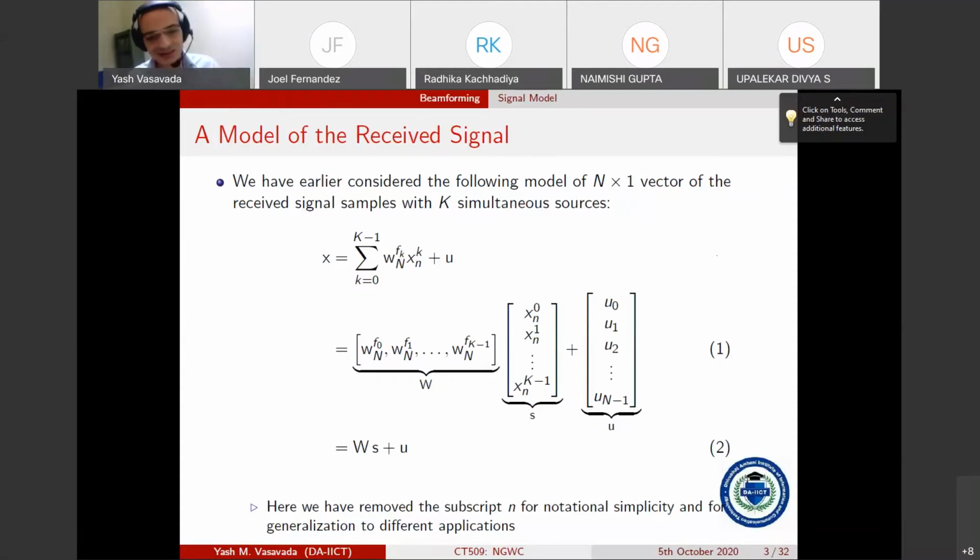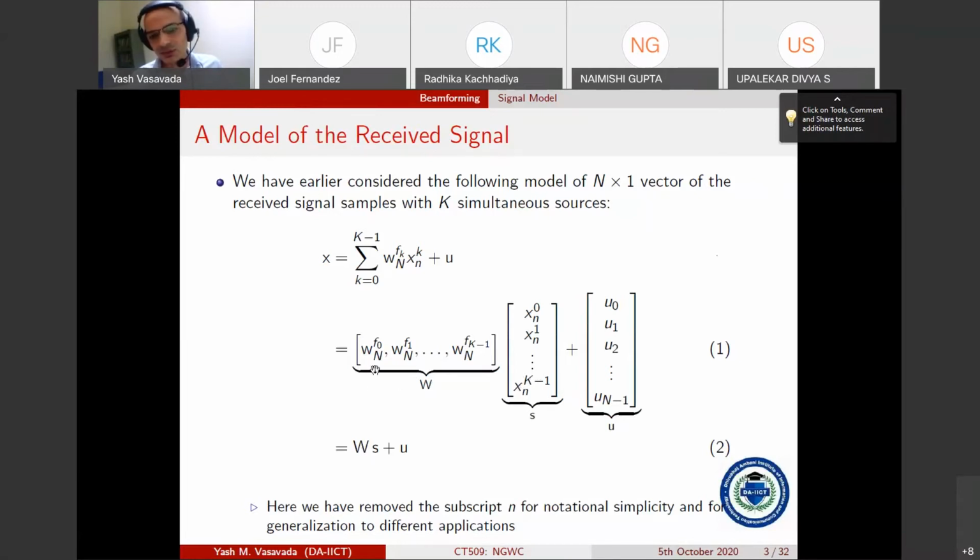I think you all need to really refurbish your notes of CT516 and bring yourself up to speed. Capital K, remember, is the number of dimensions, and so this S vector will be just 2 cross 1, and this W will be some matrix.